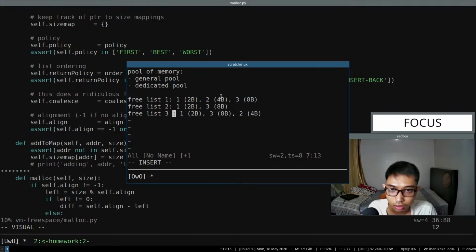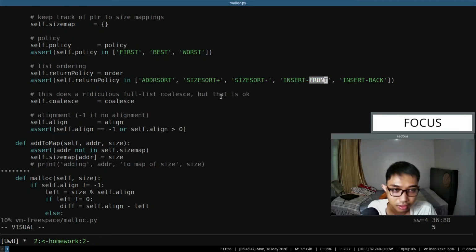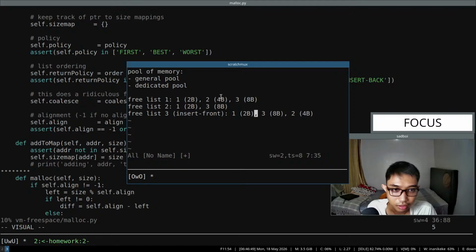If we are using insert front, maybe we're inserting in this space, but I'm still not sure which one is front and which one is back in this case. Does the head here mean front? Okay, I assume front means this one.